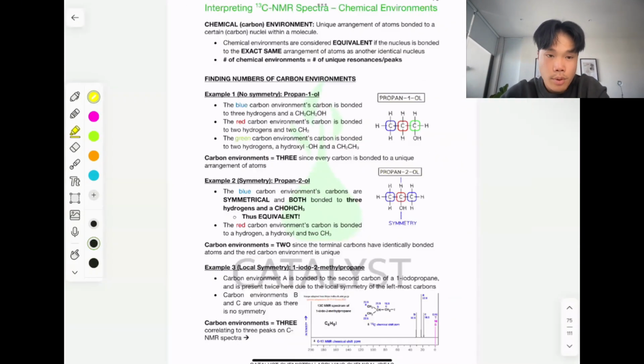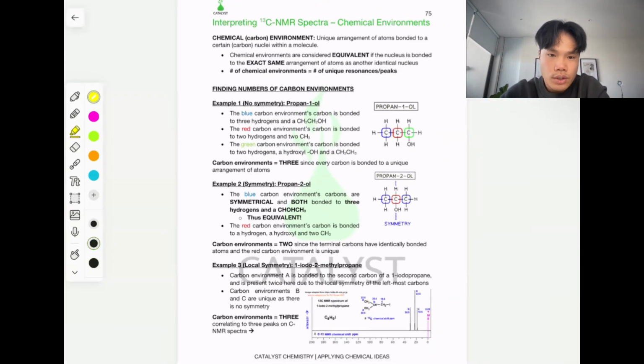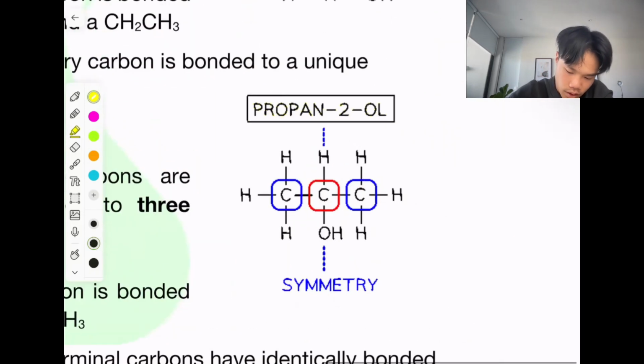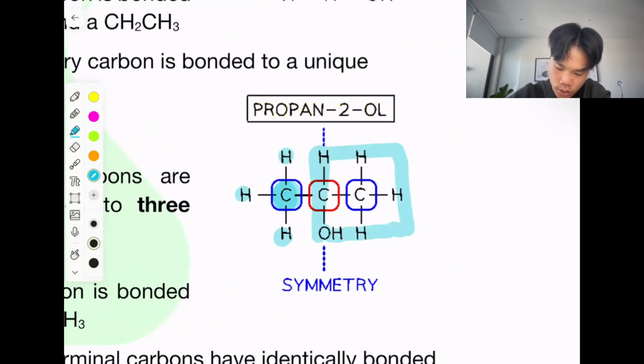Know how to identify chemical environments? So an identical chemical environment means that all of the stuff bonded to that carbon, so this blue carbon has 3 hydrogens and it has a CHOH as well as a CH3. It has these pieces bonded to it.